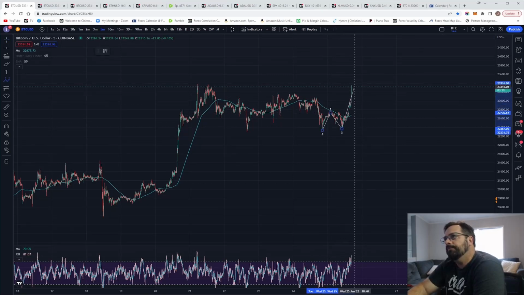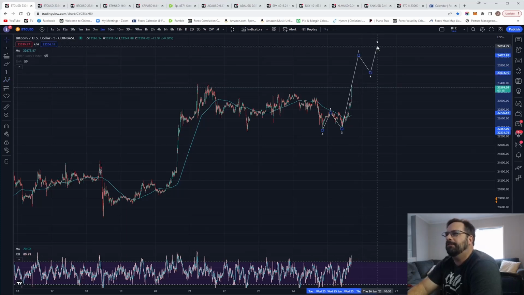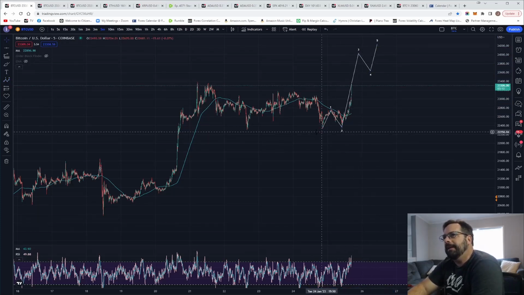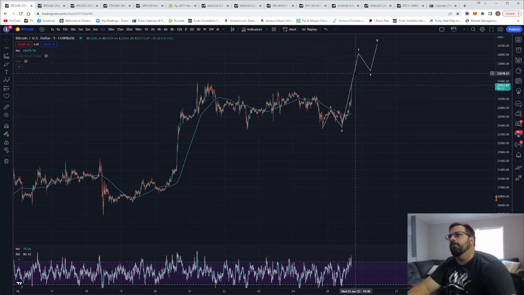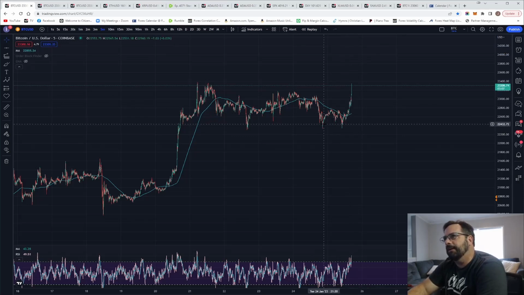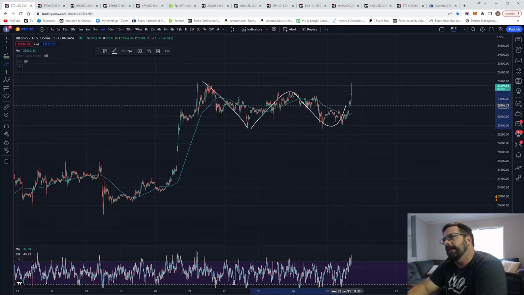1, 2. We could be making 3, 4, 5, getting up here to my 24,002 target, and that could be the end of a wave, or we could be making a much larger correction here, where this is 3. We get another 3 up like that.